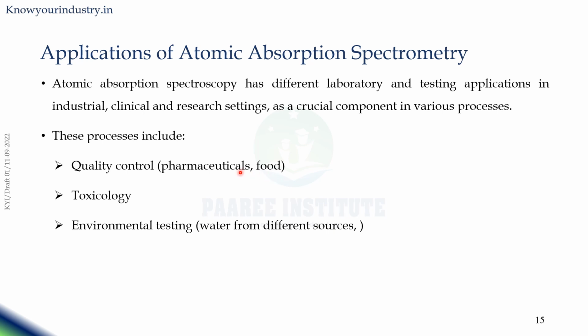And in toxicological analysis, it will be used to analyze various samples. And for environmental testing, you can test water, soils, etc. for the presence of elements in different concentrations. So these are the major applications of atomic absorption spectrophotometry in the different industries.